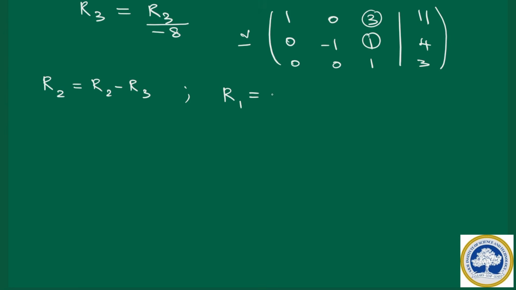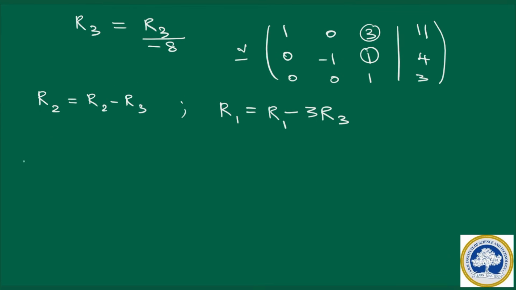R1 is equal to R1 minus 3 into R3, as R3 is 1 here. So these two are the row operation formulas to convert it into a diagonal matrix.